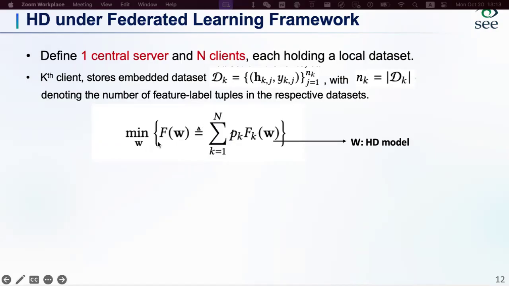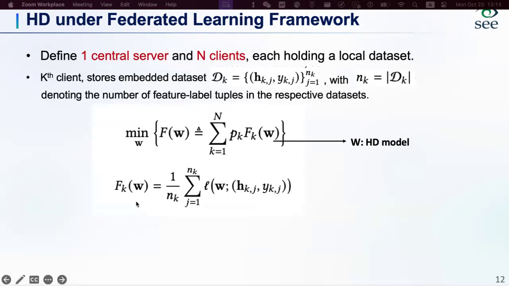The main idea of this function is that the server wants to find the best W that minimizes the weighted average loss of all clients, where p_k is the weight of client k. The goal is to train by combining everyone's data, but instead of moving the data, we summarize the average score of each client for optimization.